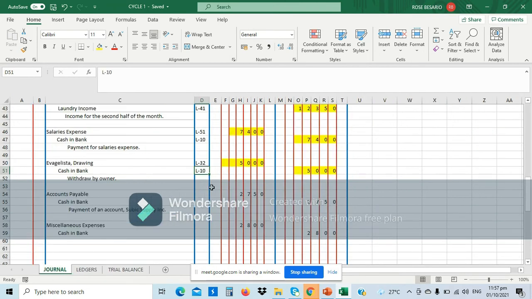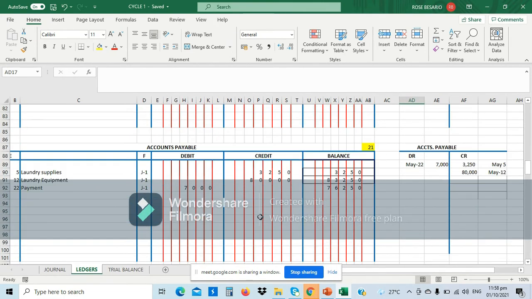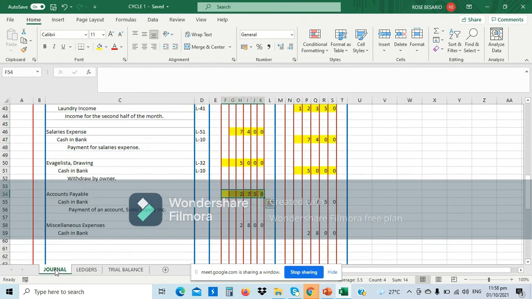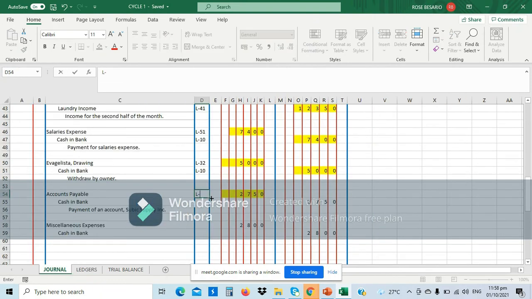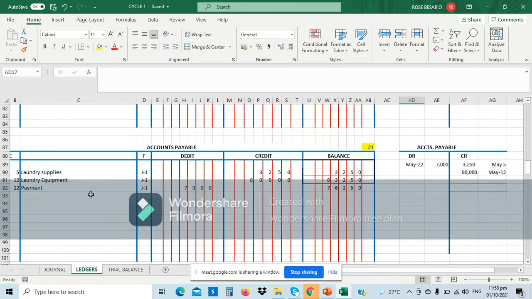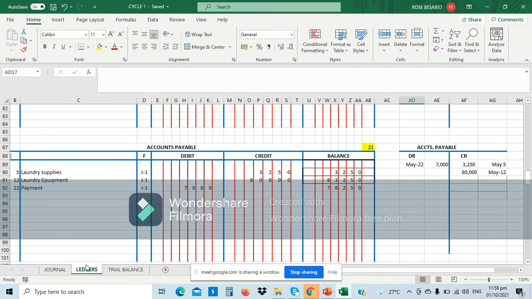Okay, and then we have accounts payable. So debit. So proceed to your accounts payable ledger. So we have L number 21. Okay, and then in the ledger, 2,750. So this is a payment, 2,750.